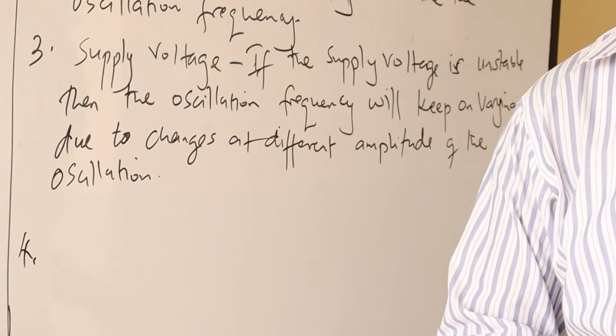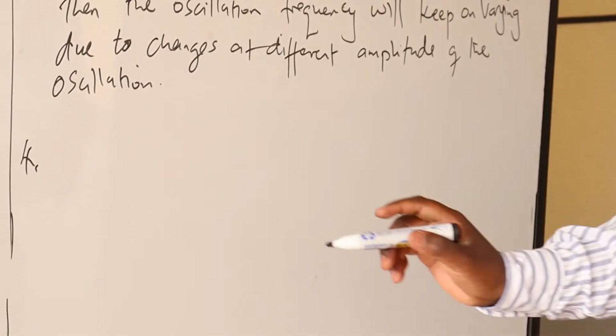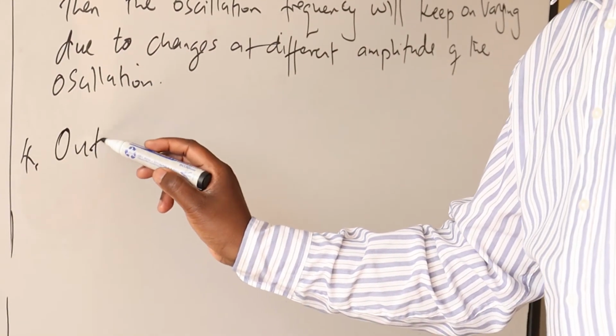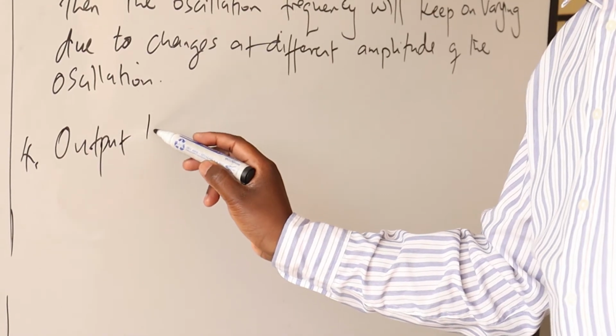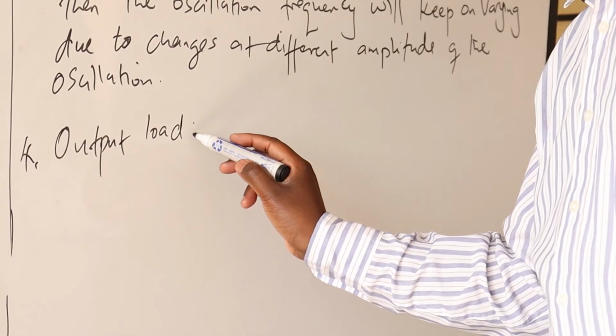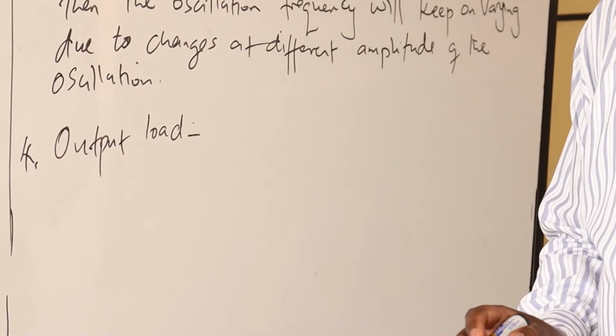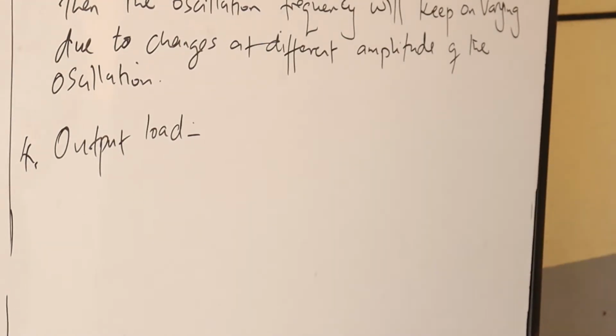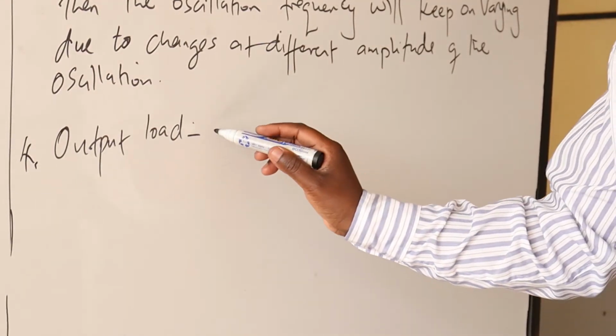Number four is the output load. The output load affects the oscillator.